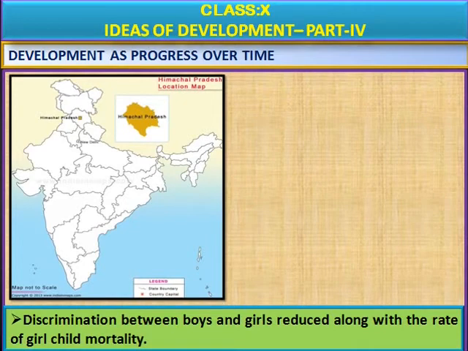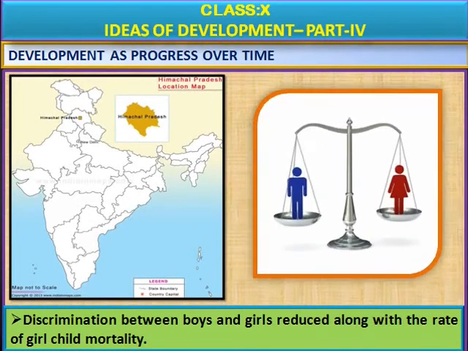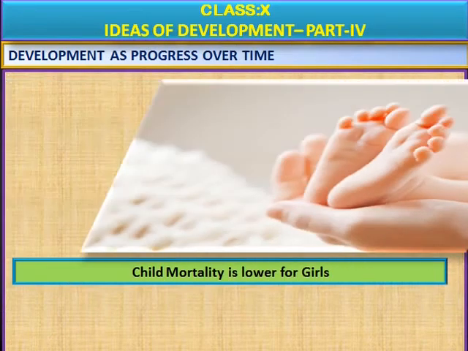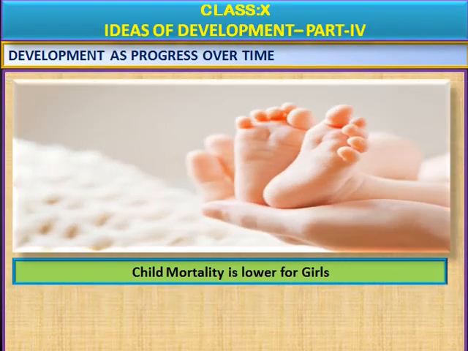Why is the gender bias less? Besides education, this can be seen in other areas as well. Child mortality in Himachal Pradesh is lower for girls than for boys, in contrast to most other states.